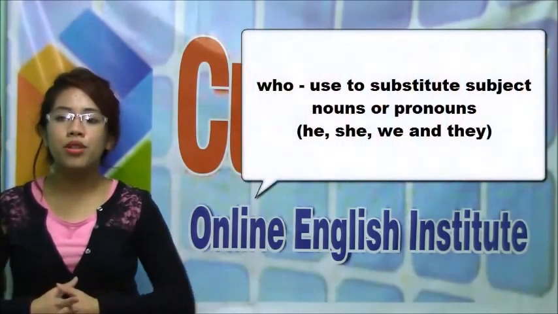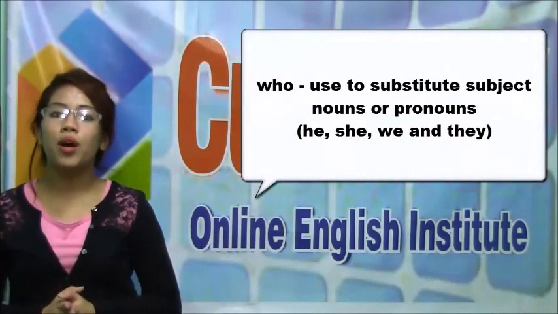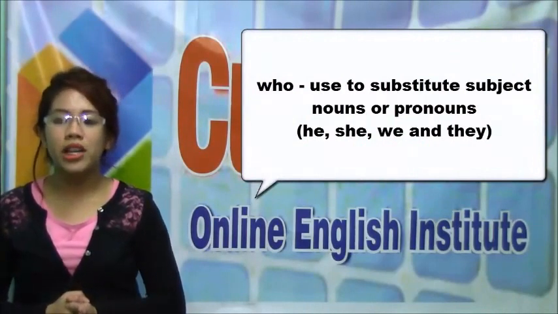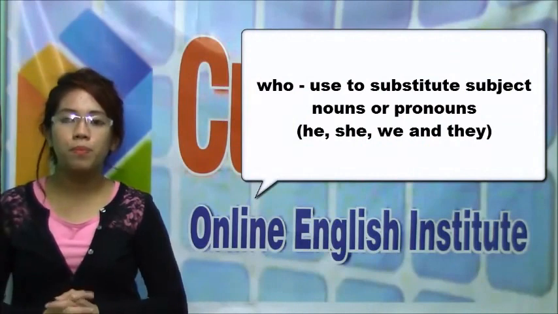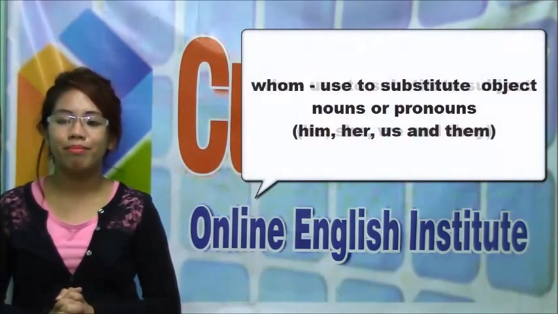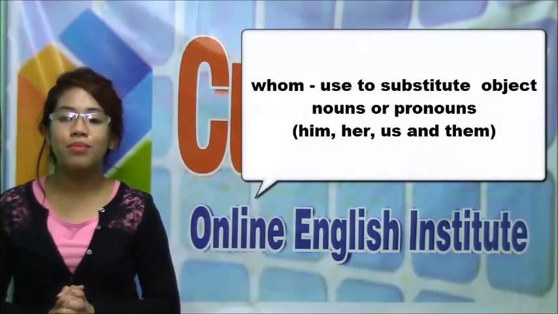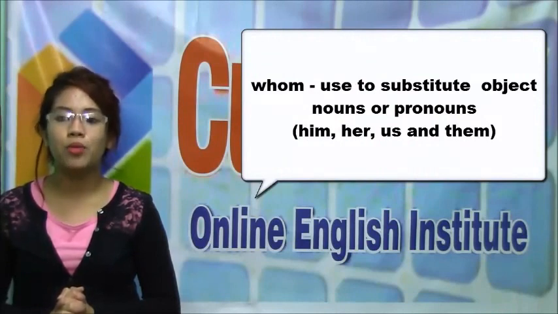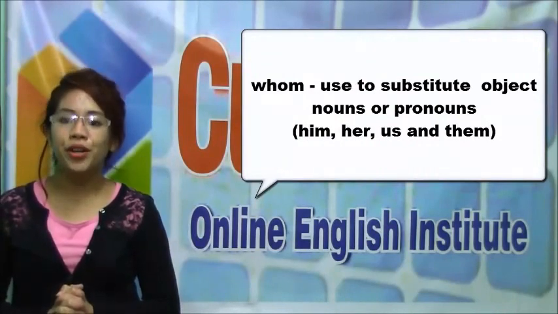Who is used to substitute subject nouns or pronouns such as he, she, we, and they. Whom is used to substitute object nouns or pronouns such as him, her, us, and them.